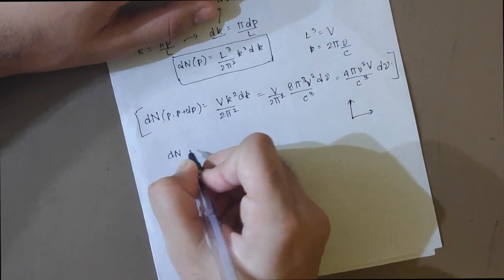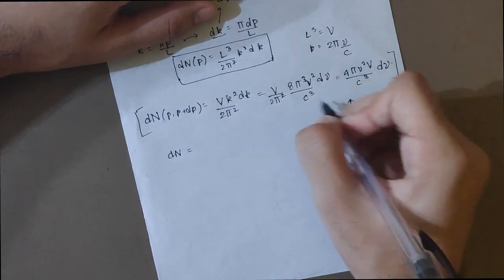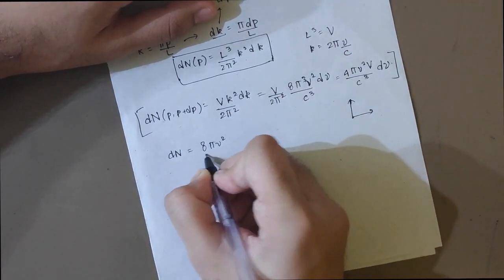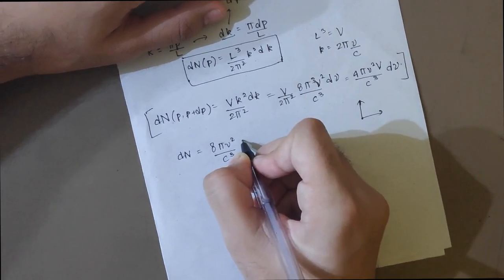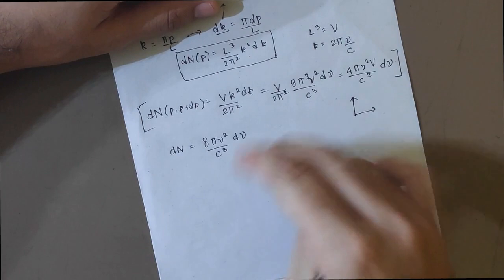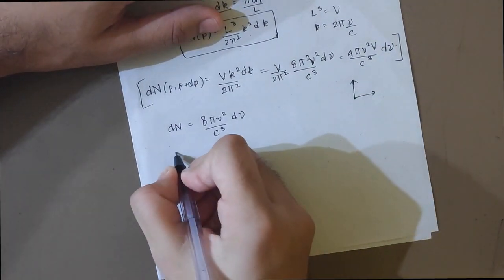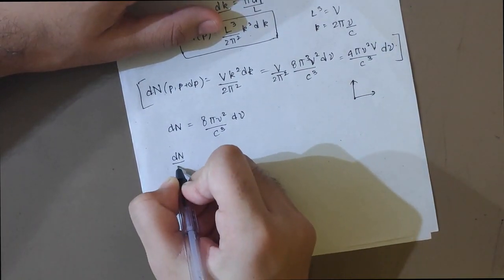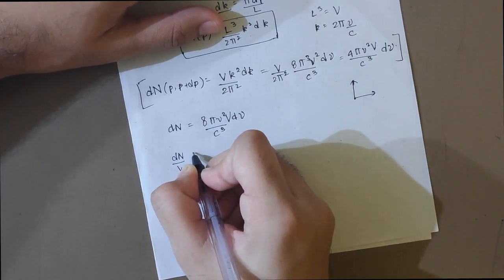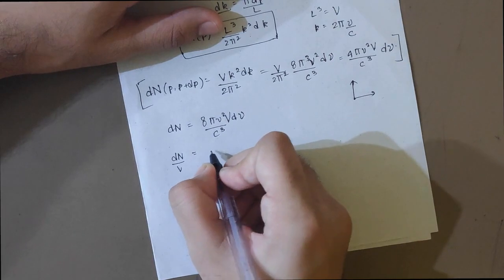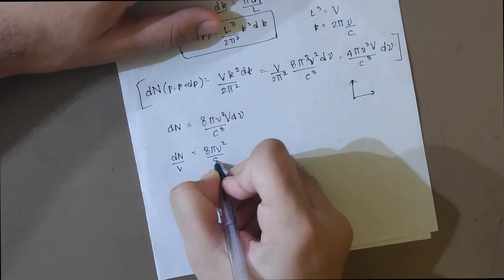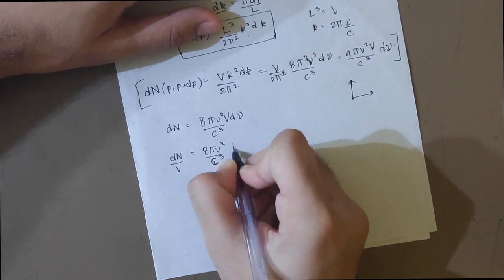So dn can be represented as, if I take this equation, 8 pi mu squared by c cubed d mu. Thus per unit volume, that is dn by V, the number of states or modes is 8 pi mu squared by c cubed d mu.